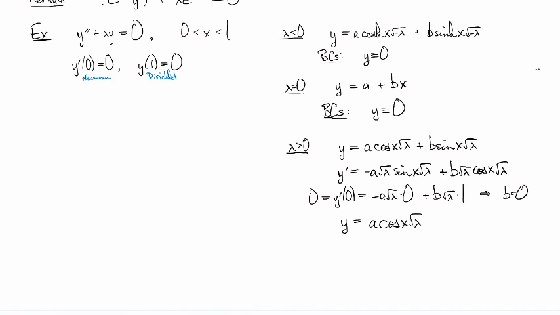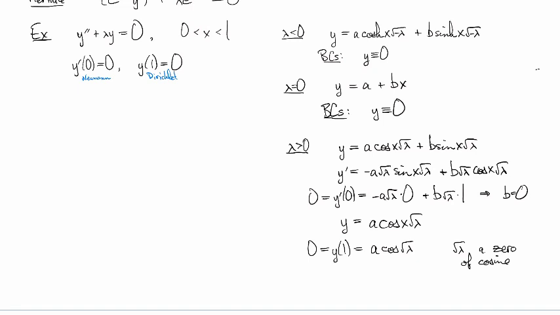And so when I evaluate this at 1, we have a times cosine of root lambda. Okay, now to get a non-trivial solution, that means that I need root lambda to be a zero of the cosine function.